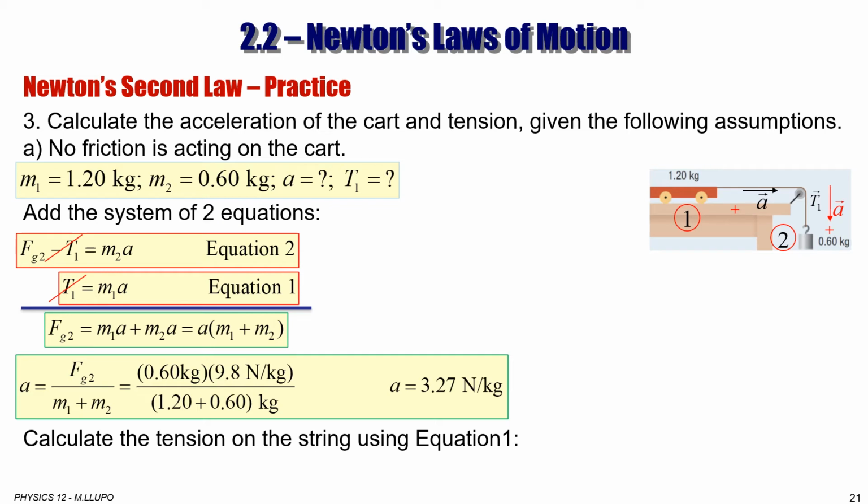Now in order to calculate the tension, we go back to equation number 1, which is the easiest one. So tension is equal to m1a. We do have m1 and we have a, so we can plug those numbers into the equation, and we find that tension 1 is 3.9 newtons.